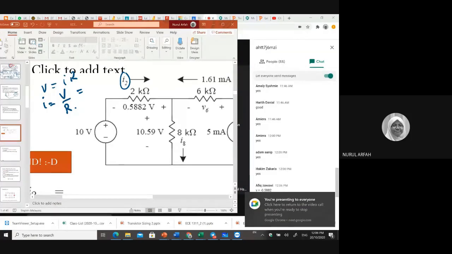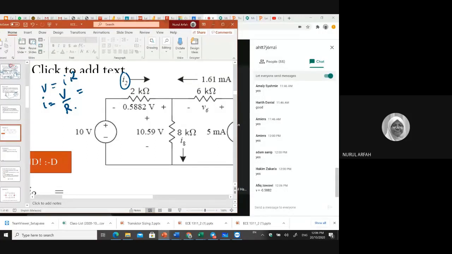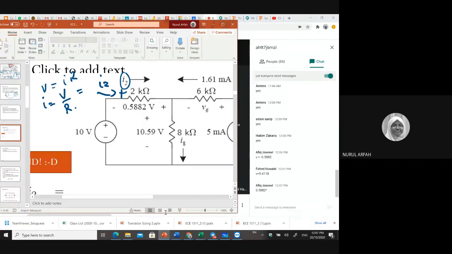Okay, Afiq says negative 0.5882. Anyone else? Volunteer? And what about R? Why do you say that this is a negative? Actually, I want all to respond, because when you respond, if you make a mistake, you learn from your mistake. Why not positive? You know that I2 is going to enter a plus, right? Like your friend here, he said that V equal to 9.4118.